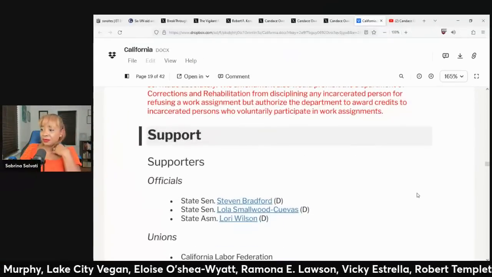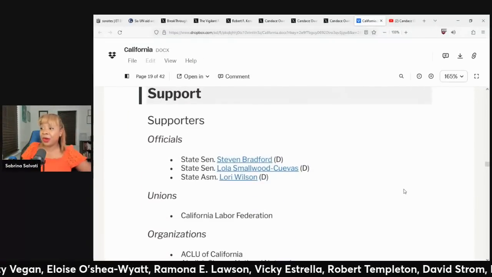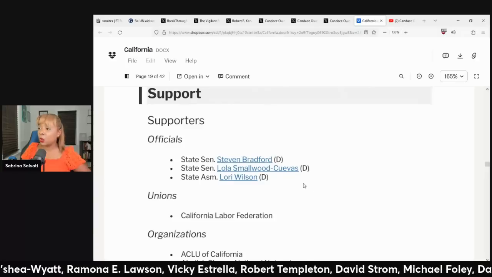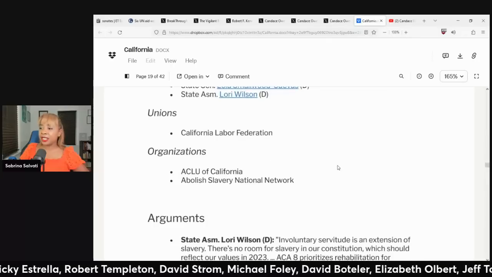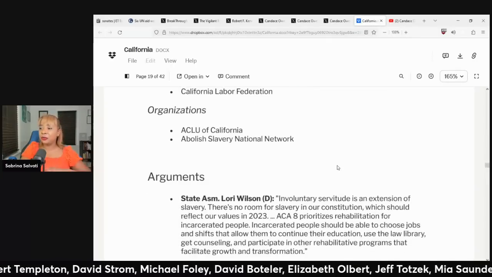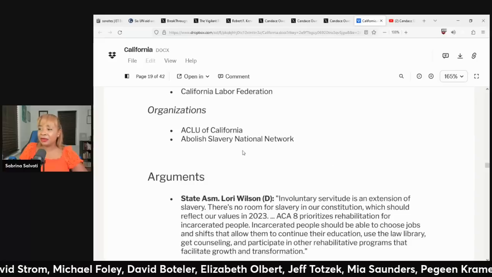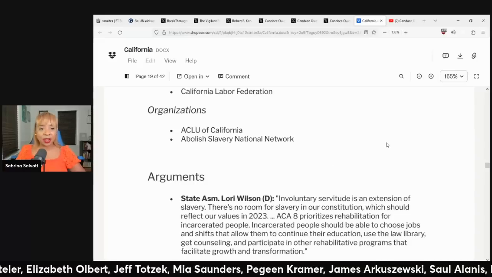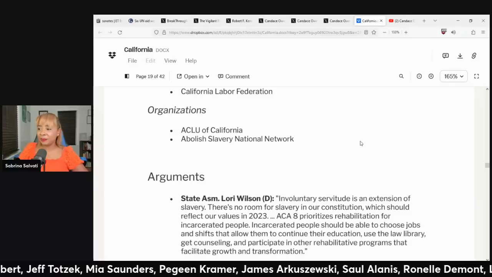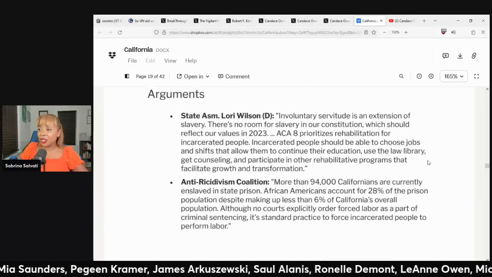Okay. Who supports it? Steve Bradford, Lola Smallwood Cuevas, Lori Wilson, California Labor Federation, the ACLU of California, and the Abolish Slavery National Network. Isn't this wild, guys? It's 2024. Here's one of the arguments.